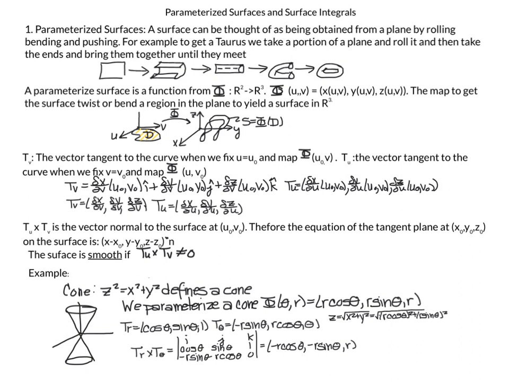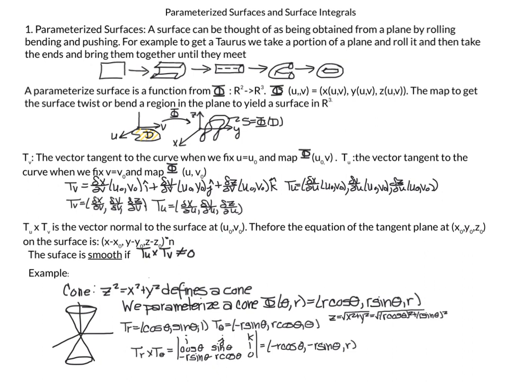Then we can take Tu cross Tv and find a vector normal to the surface at uv. In other words, when we take the cross product, we get something that is normal to the vector Tu on the surface and the vector Tv on the surface, so it is normal to both of these vectors and normal to the surface at that point.